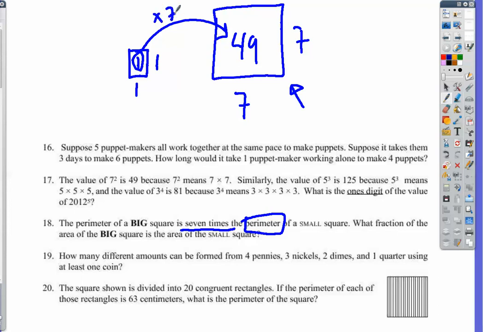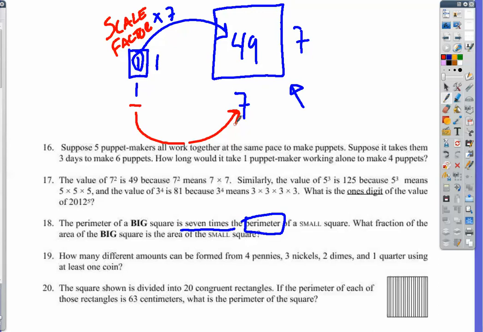Now, a little 7th grade vocabulary. This is called a scale factor. Scale factors are what you multiply a side length by to get the side length of a similar figure. Now, a similar figure, I'm going to have to back up a little bit further.